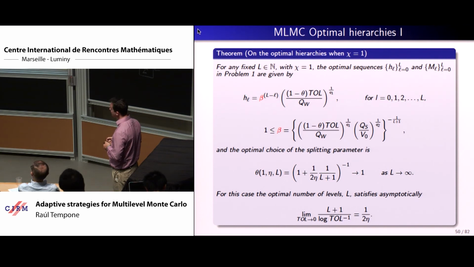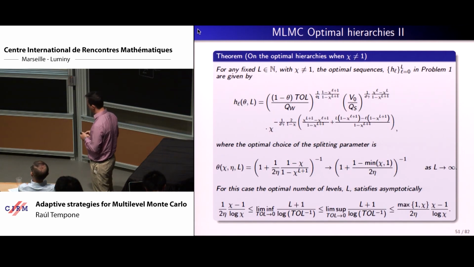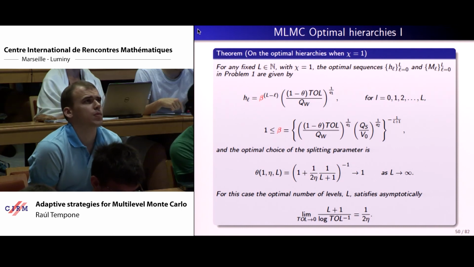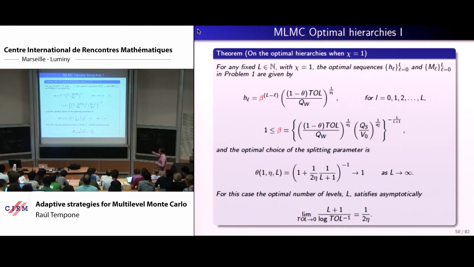The optimal choice of the splitting parameter, which is the fraction that you devote to the bias versus the fraction that you devote to the statistical error, actually goes to 0, I mean, the fraction of the bias goes to 0 as the tolerance goes to 0. Yes, that's right. So essentially, you see here, theta is the fraction that you give to the statistical error and 1 minus theta to the bias.